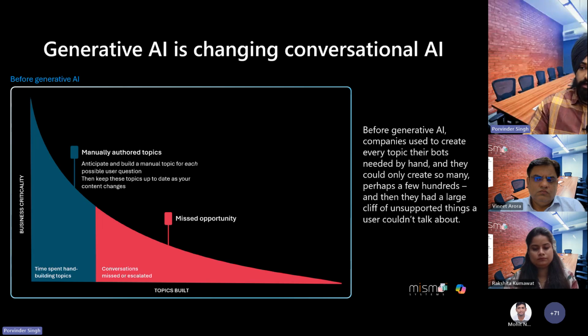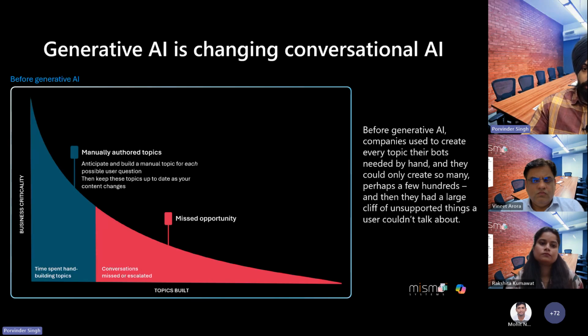You could build conversational bots previously as well, but how AI is changing things is that earlier, when you created a virtual agent, you had to manually author all the different topics. You had to anticipate the different combinations of words in which the user might phrase their question, take into account all the different permutations and combinations, and then tell the Copilot what to do.